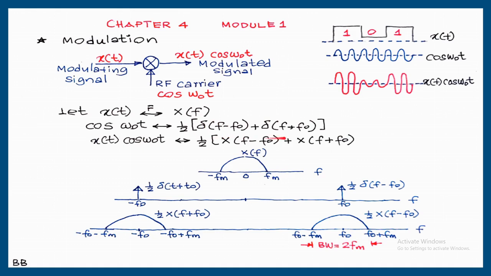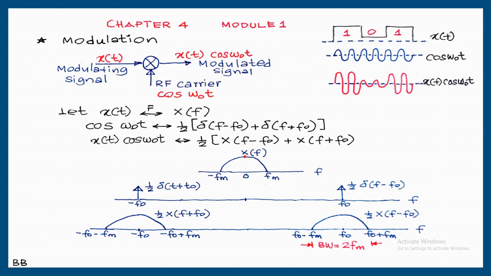The answer is written here. This result shows that X of f is shifted to the right side. Now the shifted signal is around f naught frequency, where f naught is the carrier frequency. This shifting is known as modulation.